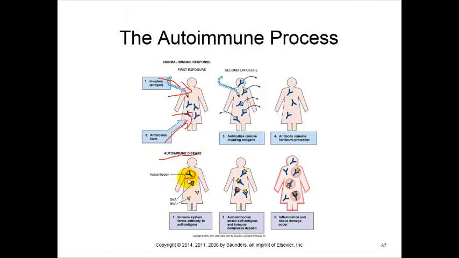And guess what? Its variable region, that little white part right here, will bind to either our DNA or RNA or something in our body. And when it binds, it activates those memory cells, and they become memory cells.